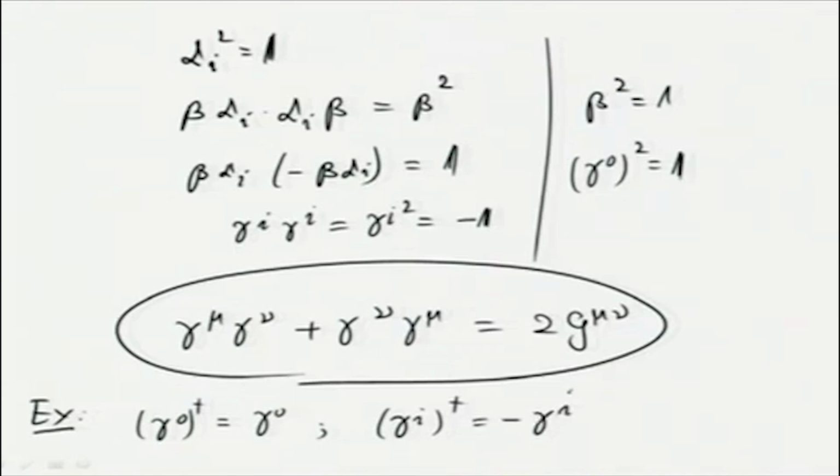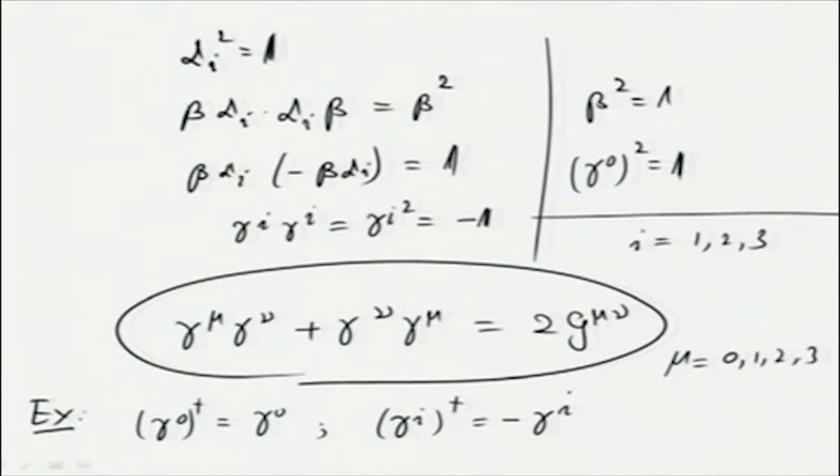One thing that I had not mentioned, but is somewhat obvious the way we had written, is that gamma i runs from 1 to 3, whereas the Greek indices run from 0, 1, 2, 3, four dimensions. So, this is another property, the hermiticity. So, I will leave it as an exercise for you. Please check that.